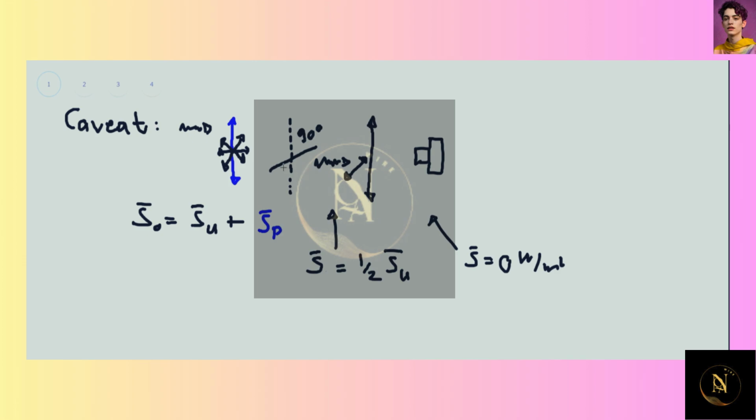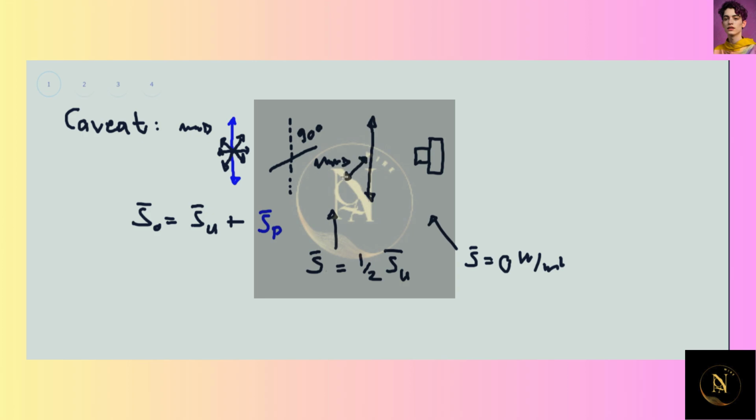Then if I rotate my first polarizer such that its polarization axis makes a 90-degree angle with the vertical, and so is a horizontal polarization axis, then I'm blocking out all the polarized part of this light. So I only have half of the intensity of the unpolarized part of the light coming through into the middle segment here.